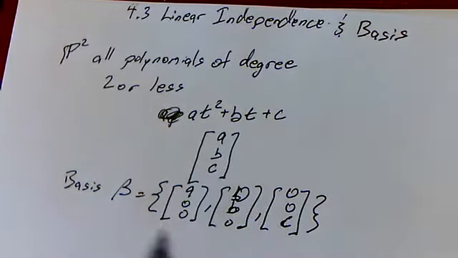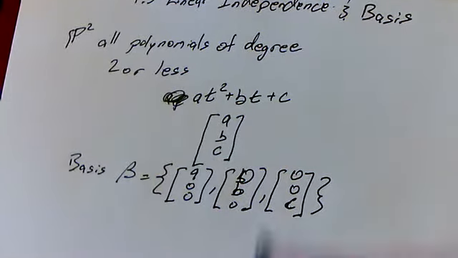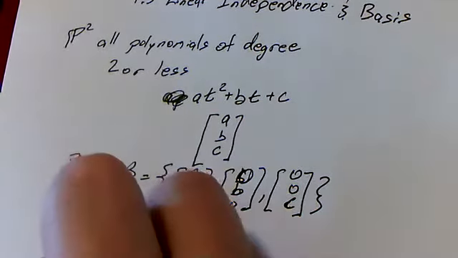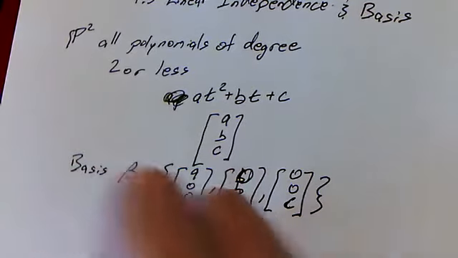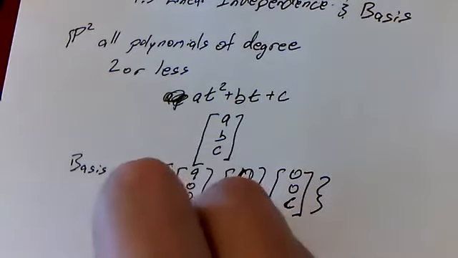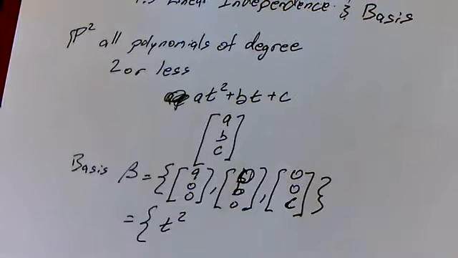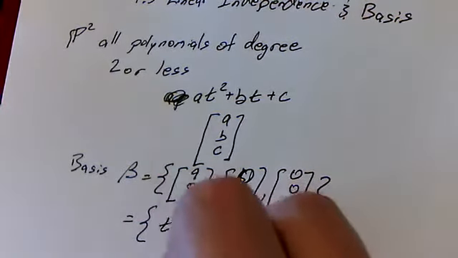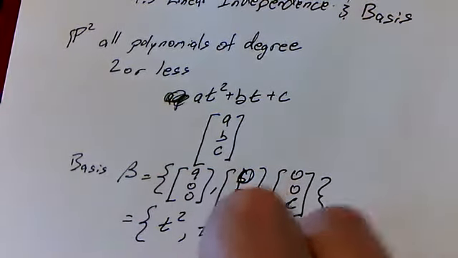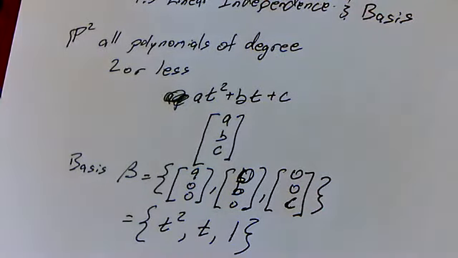Okay, so if I'm looking at this, my basis B in terms of the vector representation looks like that, but really my vectors correspond to the polynomials. In this case, this would be a t squared polynomial, a t polynomial, and then a constant polynomial, which is just 1.